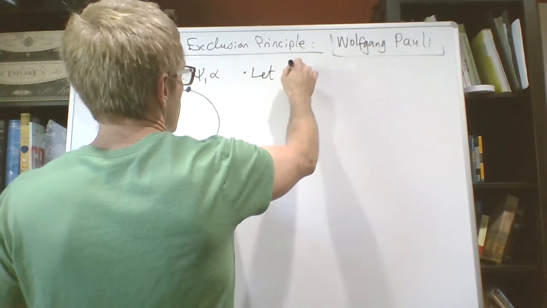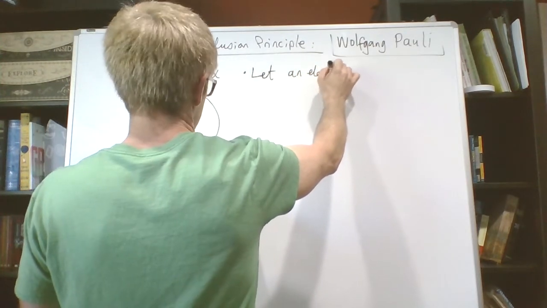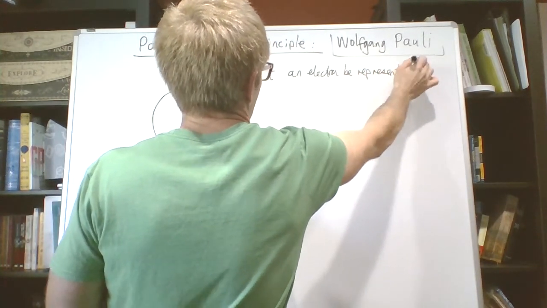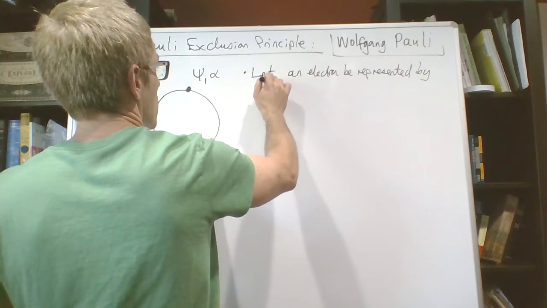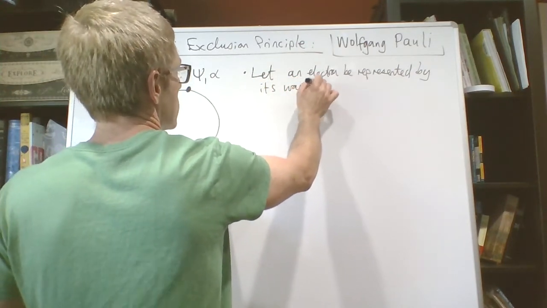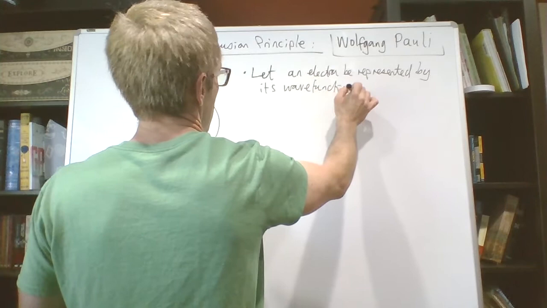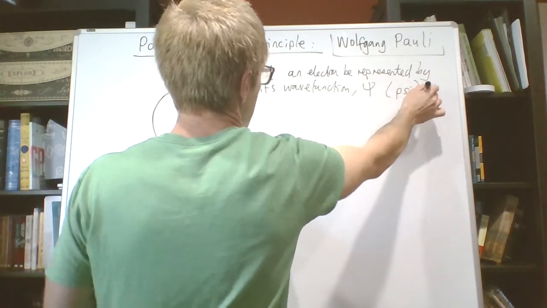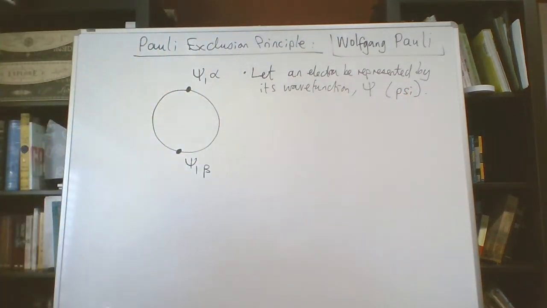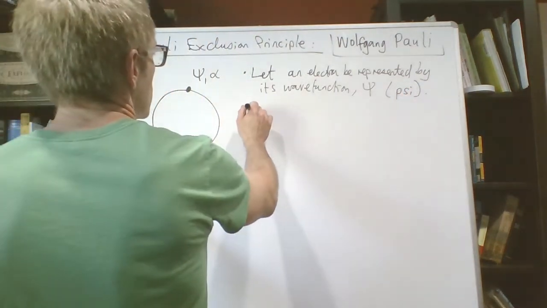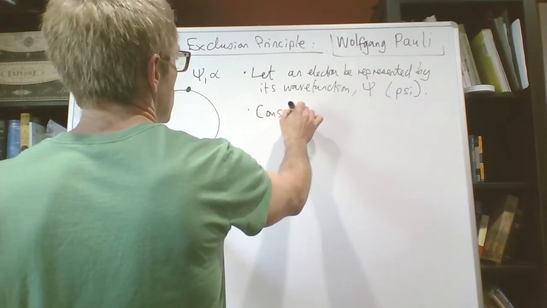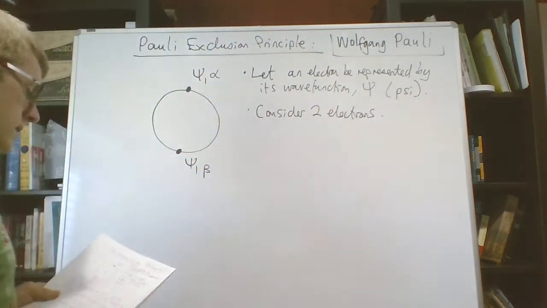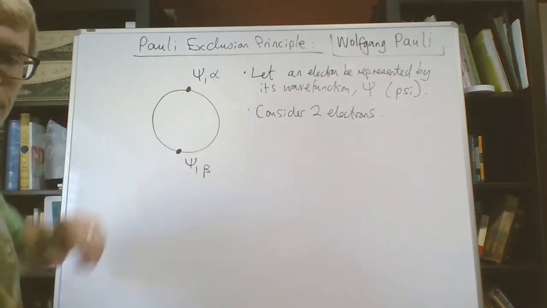Let an electron be represented by its wave function psi, which is spelled psi, so it's a Greek letter psi. Consider two electrons as we've considered here. They have to be in the same atom.